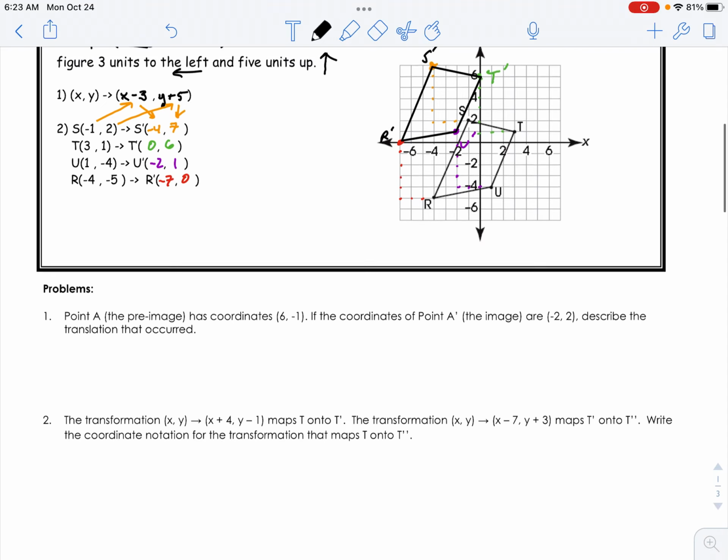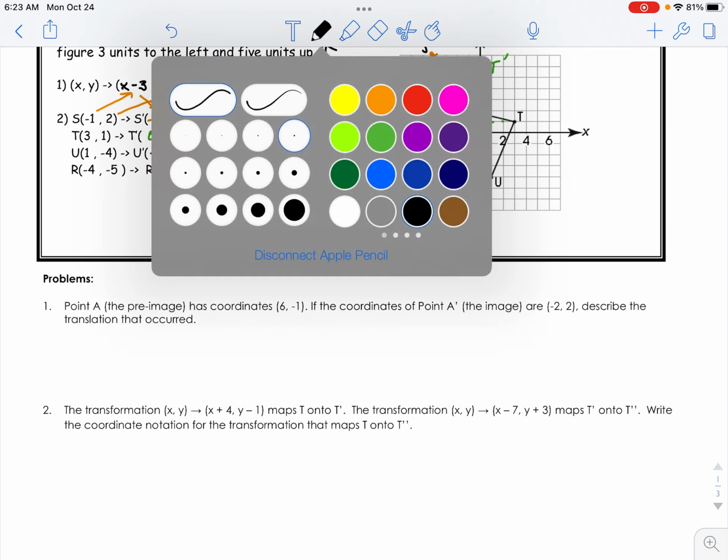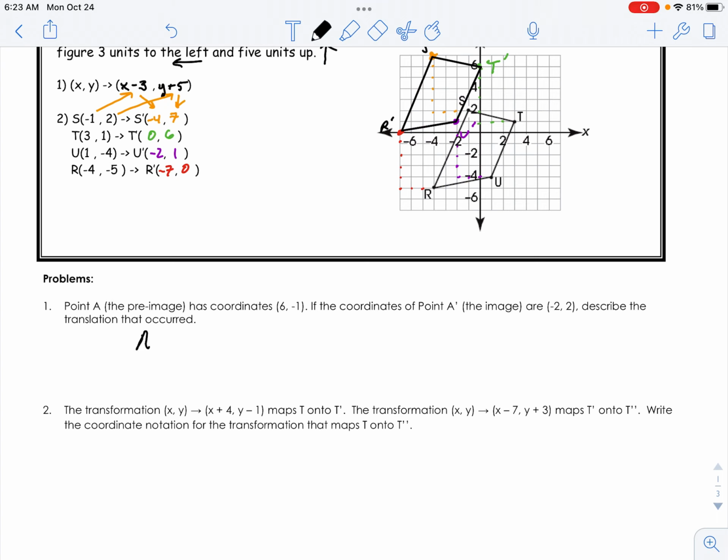All right. And then we're going to have some logic problems where point A is the preimage. So A, we can just remind ourselves that's where we start. And it has 6, -1. A prime is where we ended. -2, -2. We have to describe the translation that occurred.